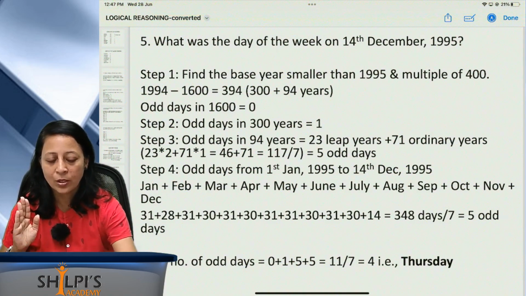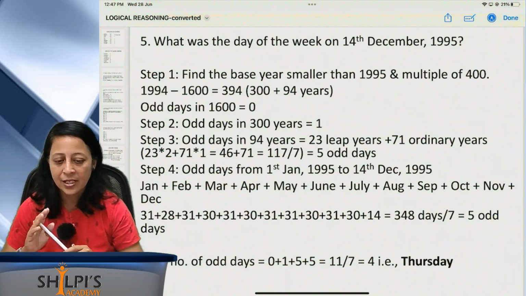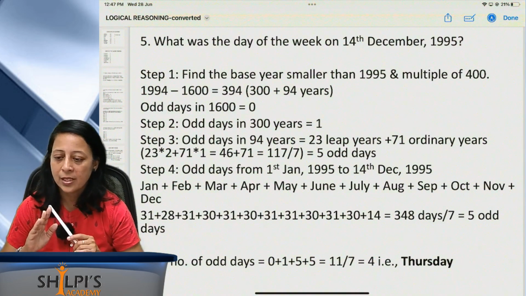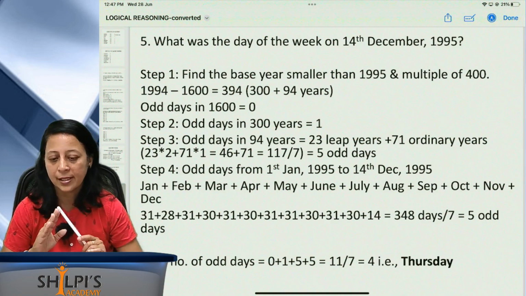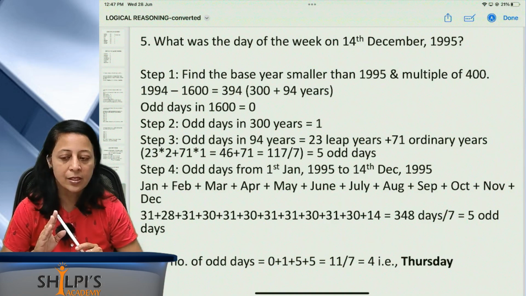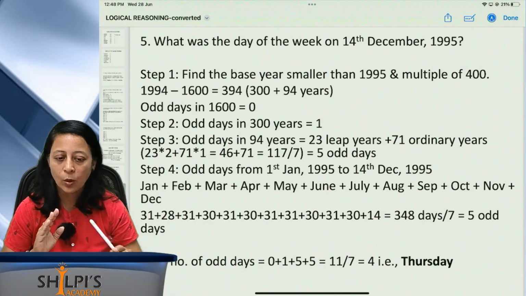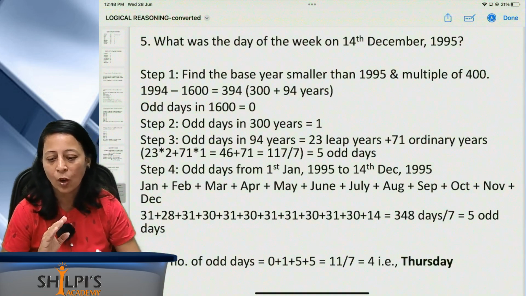Totalling everything, you get 348 days, counting 14 days in December, because they are asking for the 14th of December, not the 31 days of December. So 348 divided by 7 gives 5 odd days.